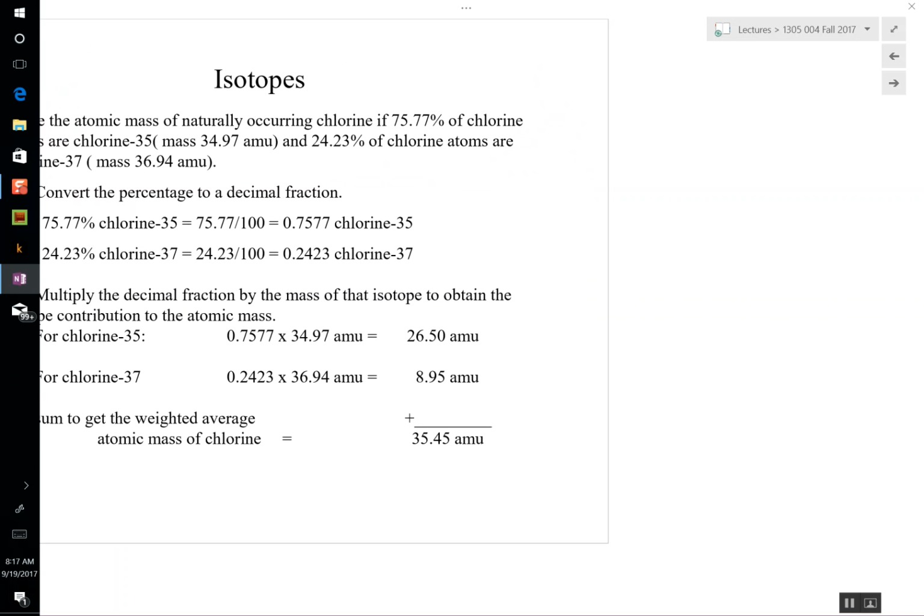So we have, let's put the heavy one on top. Excuse me, heavier one on top. 24.23% is chlorine 37.